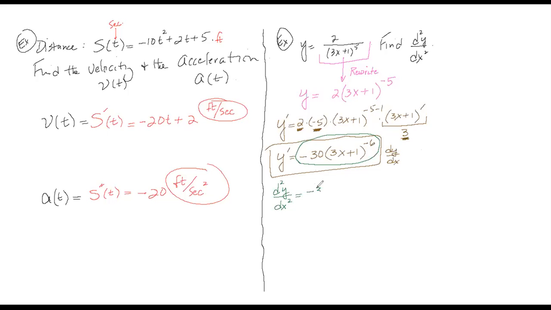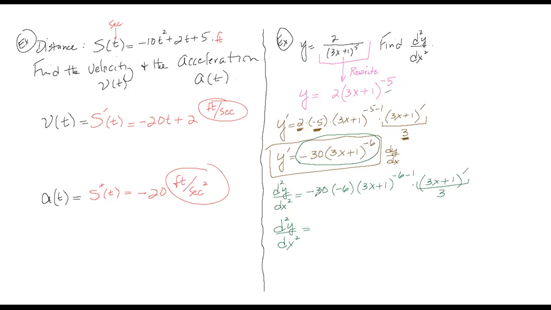So negative 30, same as the first one, times negative 6 times (3x plus 1) to the power of negative 6 minus 1 times (3x plus 1) prime. So the second derivative will be, again, if you prime this, it just gives you 3.